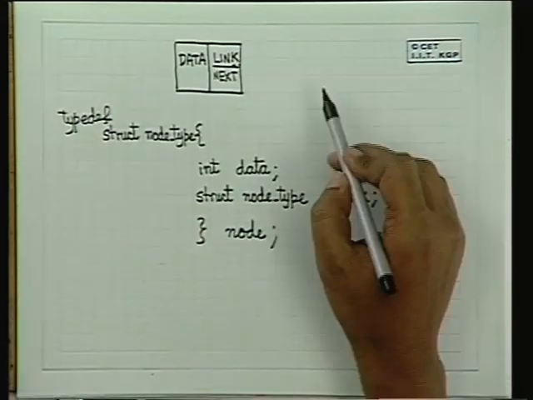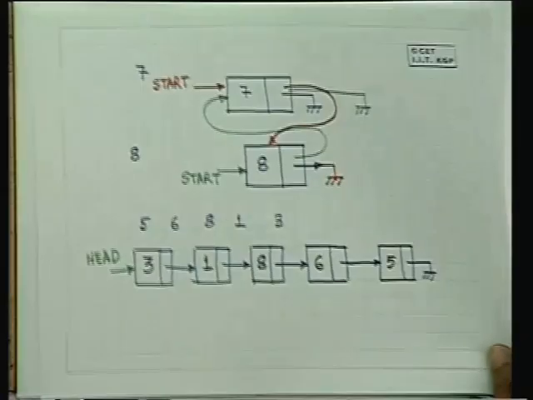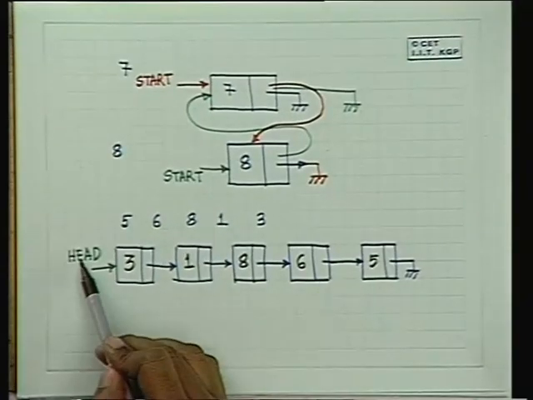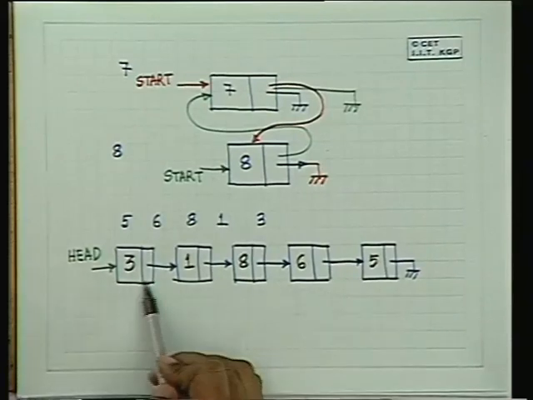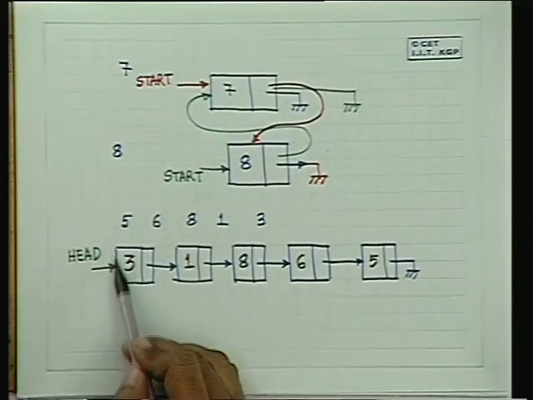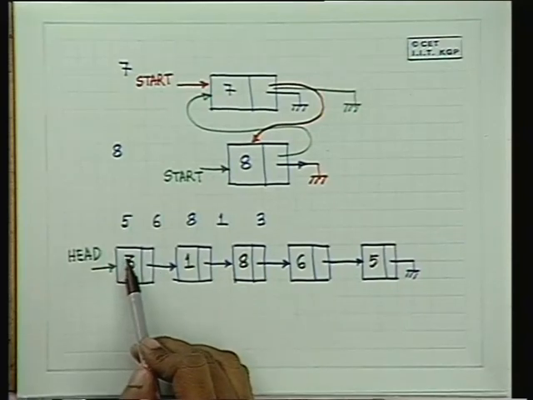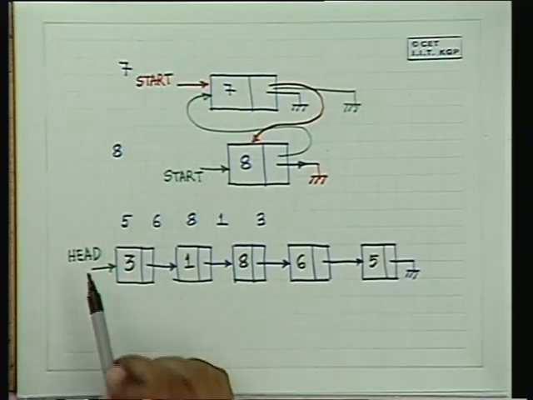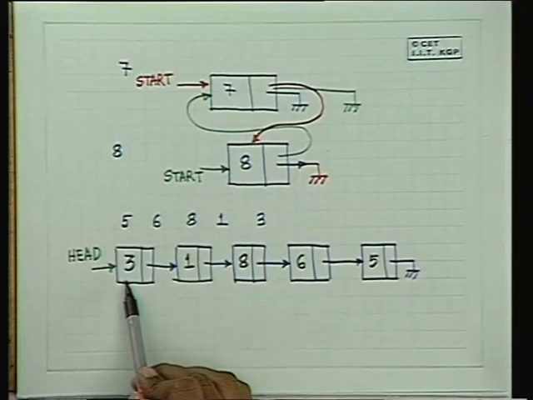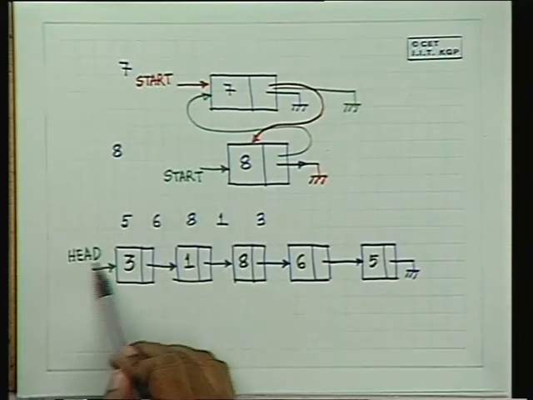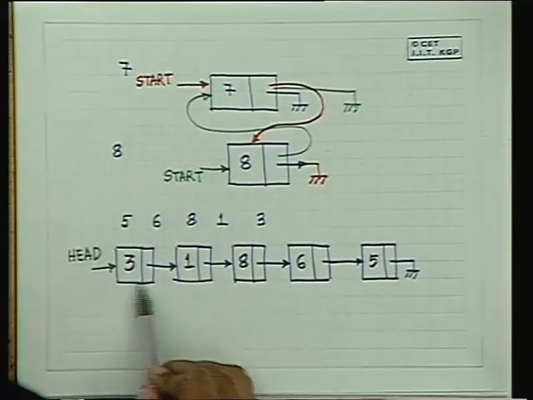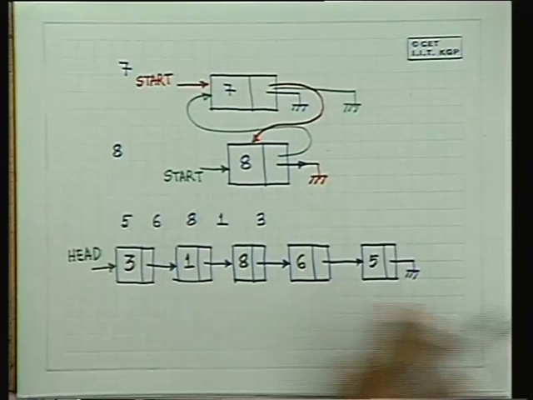Now the linked list, on the other hand, the head of the linked list will be a pointer to this node. So any linked list is not a node but a pointer to a node. The linked list, any variable which defines a linked list, is not a node but a pointer to a node.